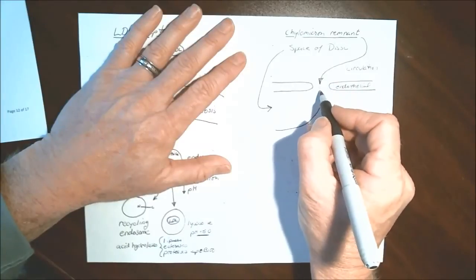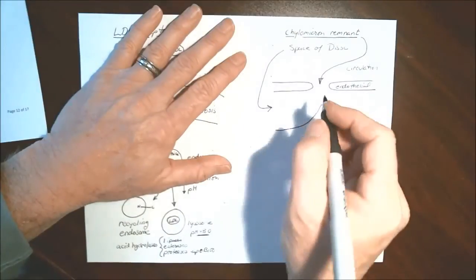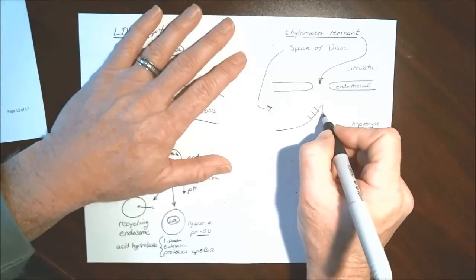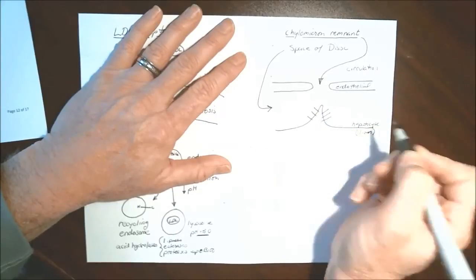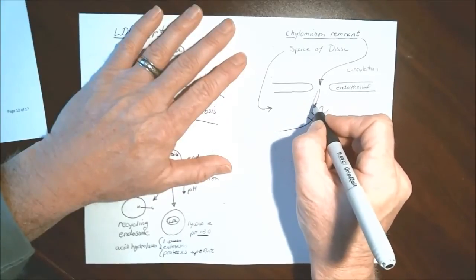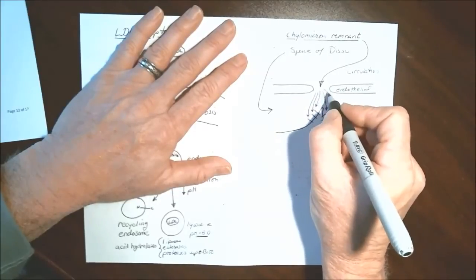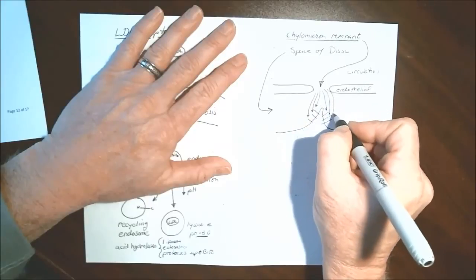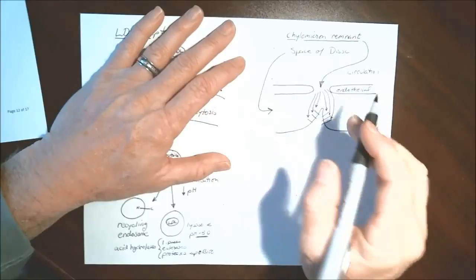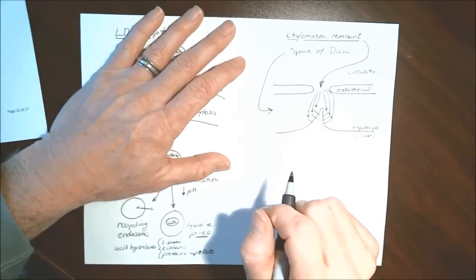Once the chylomicron remnant enters the space of Disse, there are now numerous proteoglycan structures on the surface of the hepatocyte that can bind the remnants as they enter the space of Disse. What this essentially does is it holds the remnants on the surface of the hepatocyte.